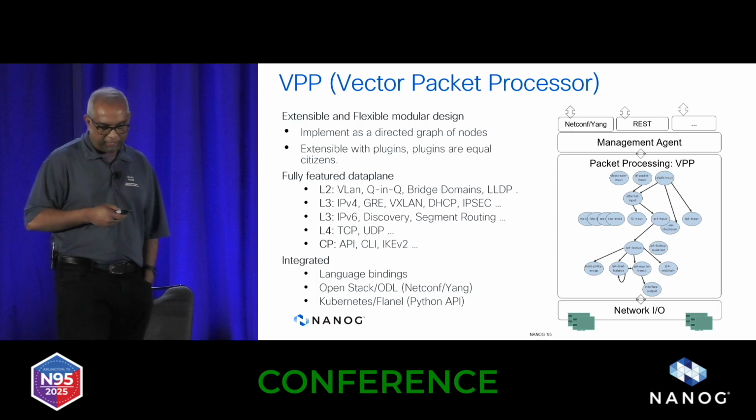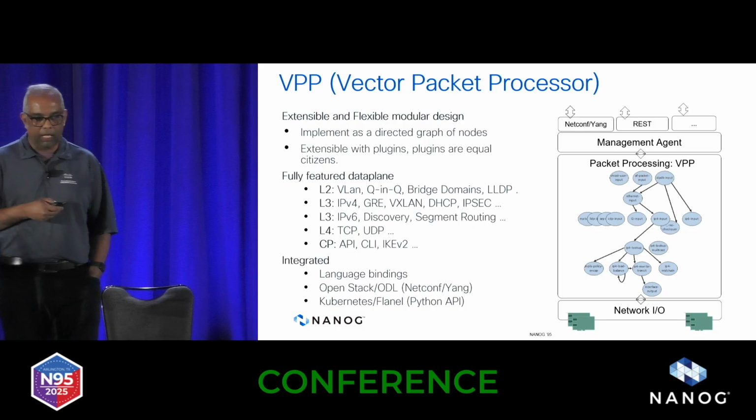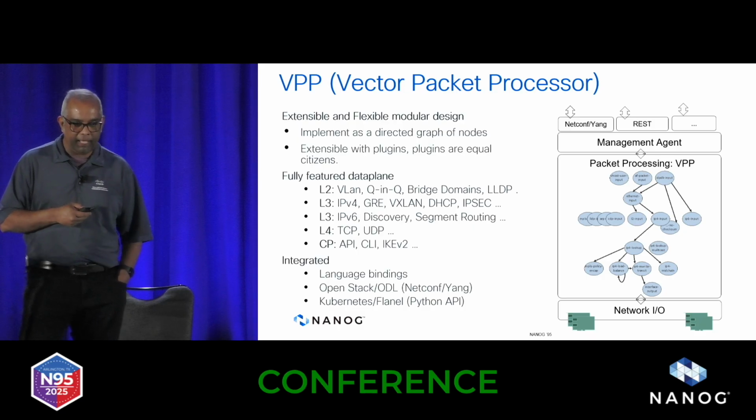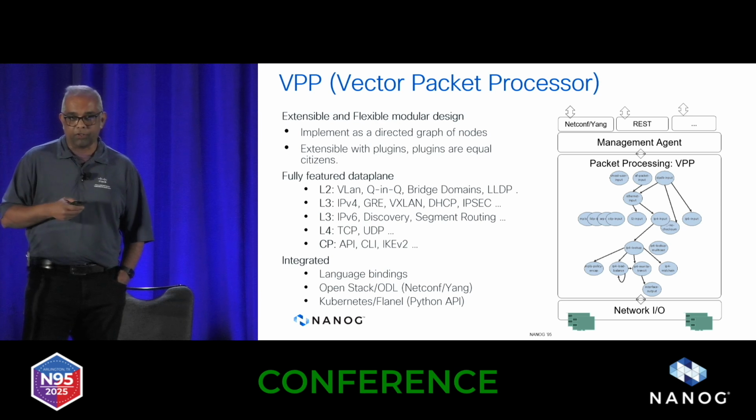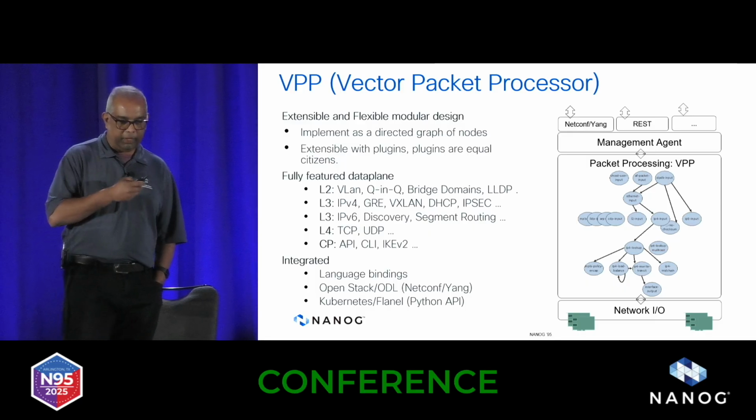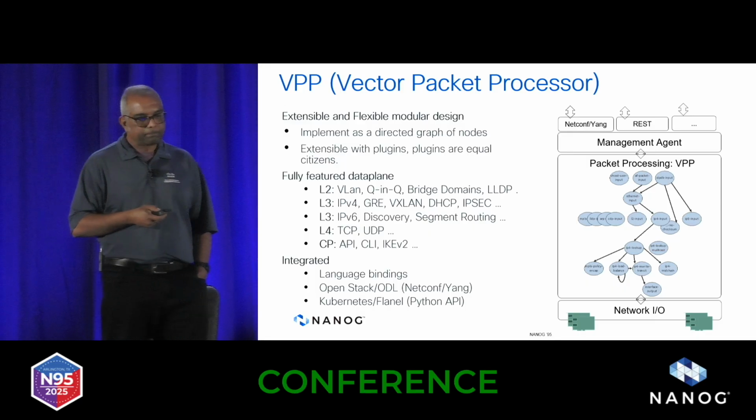And you can always extend that, right? All layer 2, layer 3 protocols, everything is ready for you in terms of VPP's capabilities today. It works on an architecture of directed graph nodes, and you can skip from one node to the other, and you can traverse a whole pipeline of functionality, and it can be programmed through any of these models.